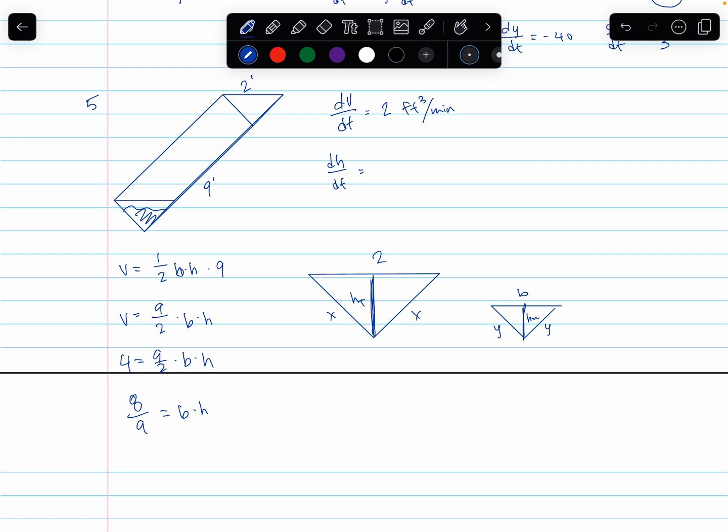Oh my gosh, dude. I just went on a whole rant about how I didn't know if that was a right triangle, and it is. It says isosceles right triangle. Oh my gosh, I've been thinking that it wasn't. So these are right triangles right here. So if those are right triangles, then, okay, that changes everything. Okay, that's going to make it way easier. Okay, I think I got this.